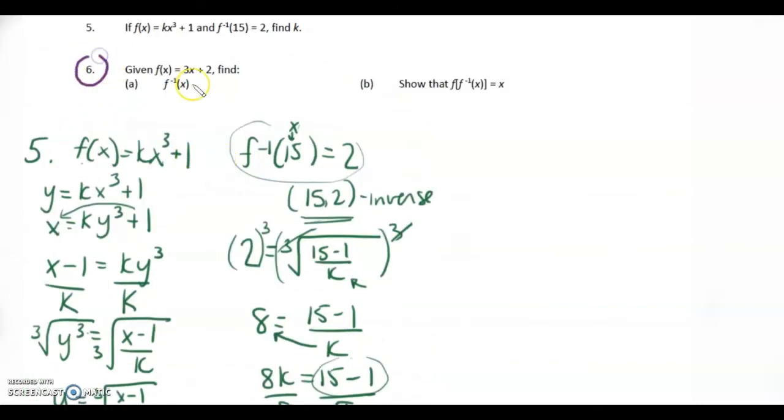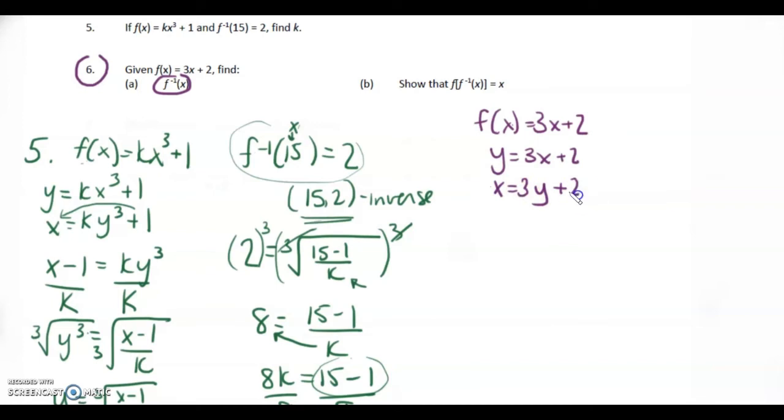Okay, number 6, we're given another line. Given f at x equals 3x plus 2, we're going to first just find the inverse. So f at x equals 3x plus 2. We're going to substitute in for the function notation. So y equals 3x plus 2. We're going to switch the x and the y. So x equals 3y plus 2.